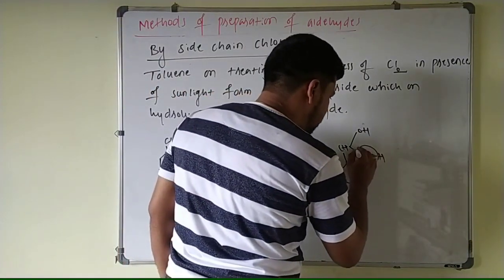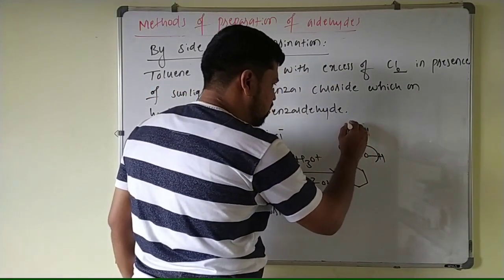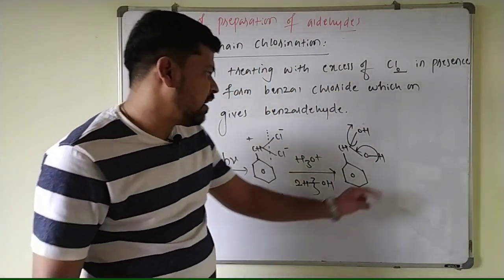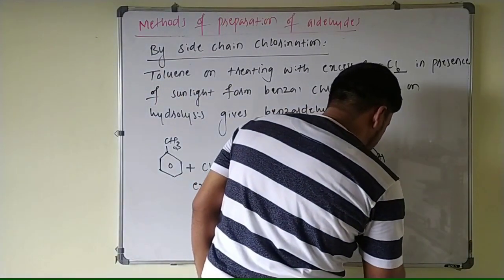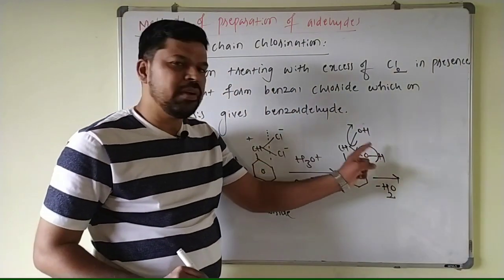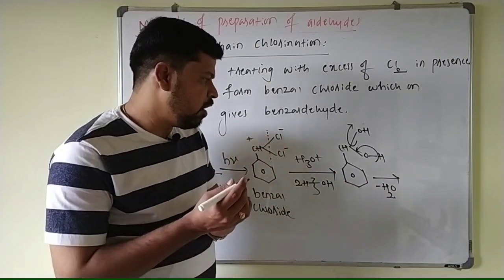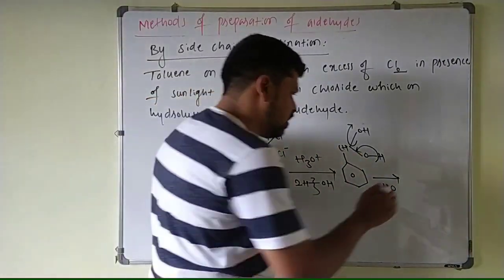Again it loses a water molecule, so that this bond pair is taken by oxygen and this bond is removed outside, so that this H plus and OH minus will be eliminated, which loses a water molecule here. Always keep in mind, whenever 2 OH are present on the single carbon atom, you have to eliminate one water molecule, so that this becomes a carbon oxygen double bond.